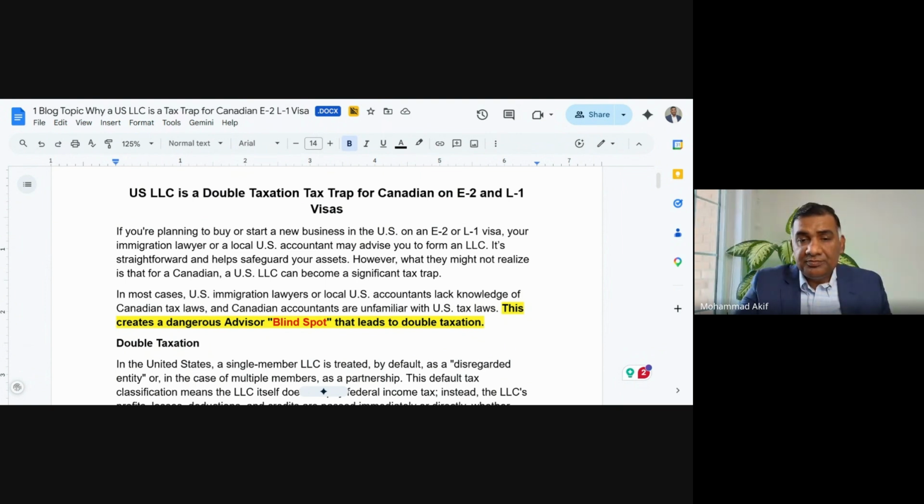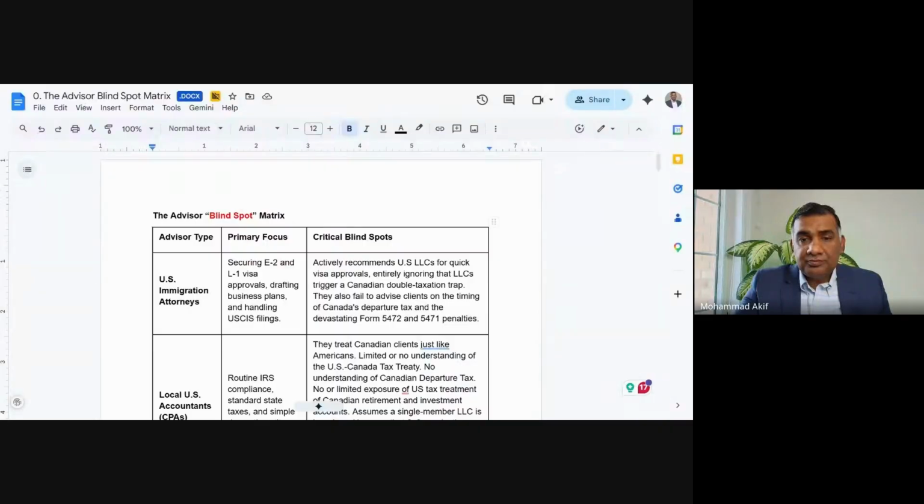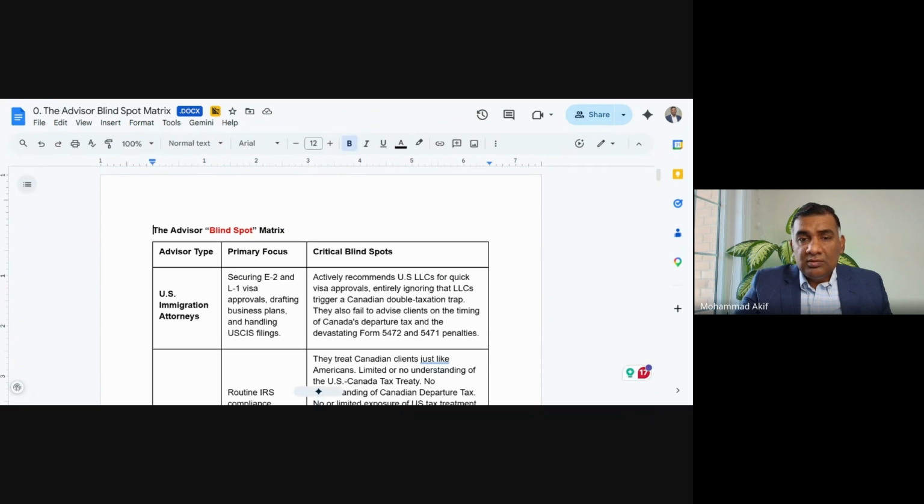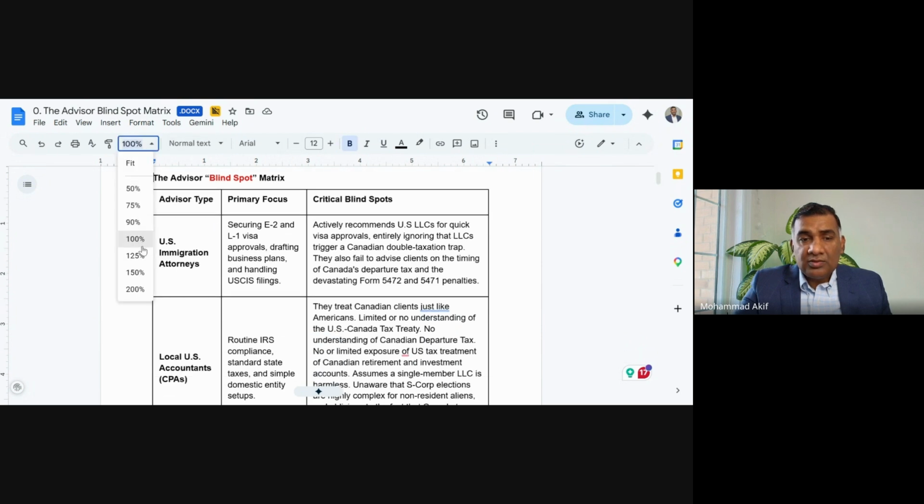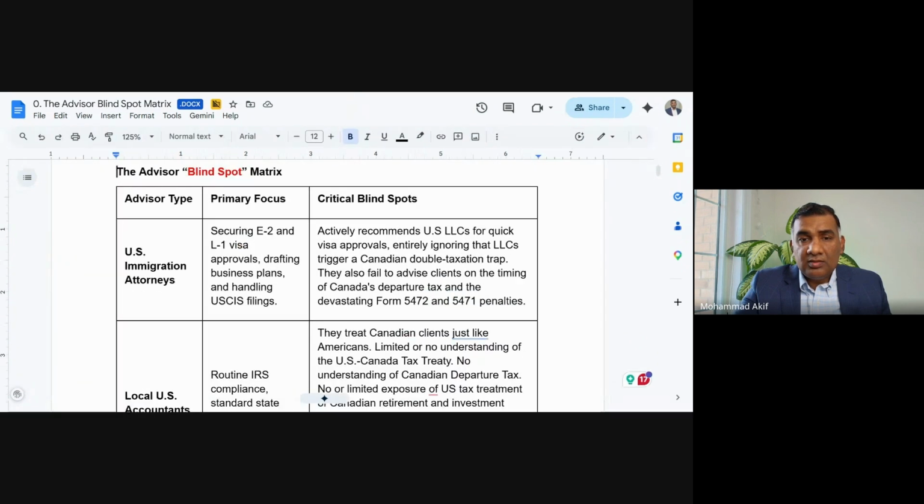All right, let me share the other. So this is the advisor blind spot matrix that we have created. As you can see, let's zoom in. So US immigration attorneys, their job is to secure you the E-2 visa.